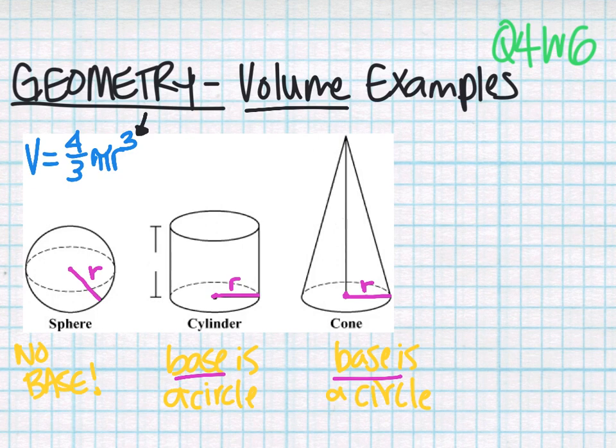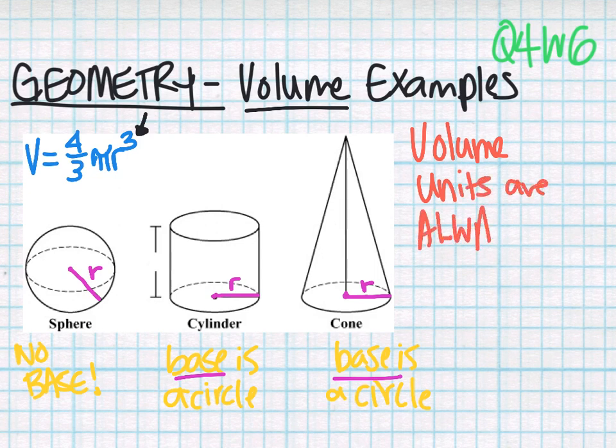But we need to remember units for volume are always cubed, like inches to the third. Always. Even if it doesn't look like it has cubed in the volume formula, it does. It's just in a weird place.